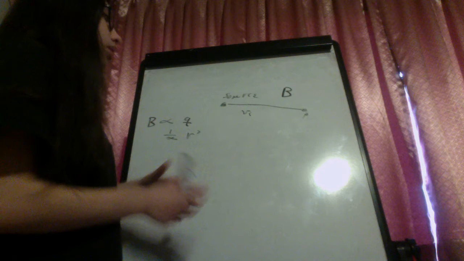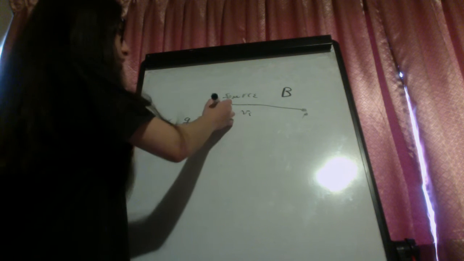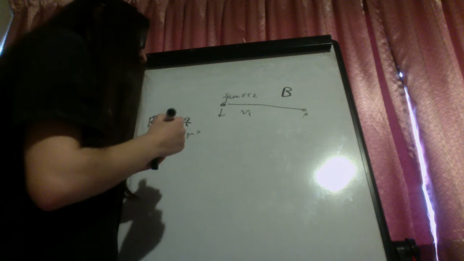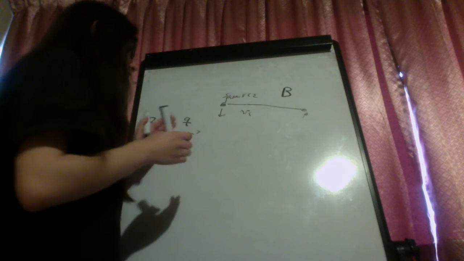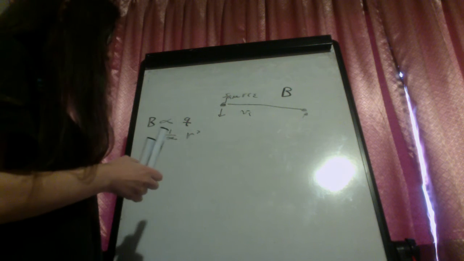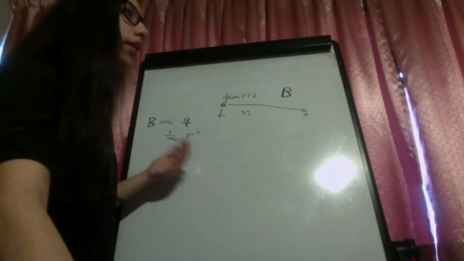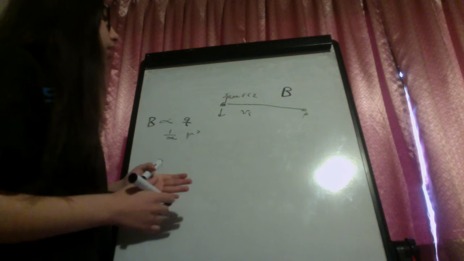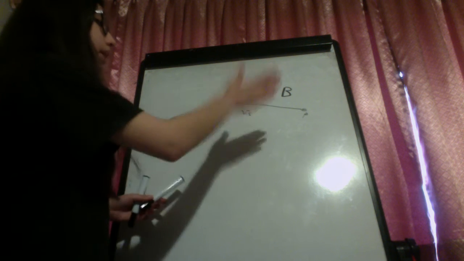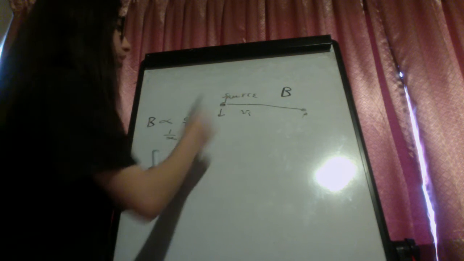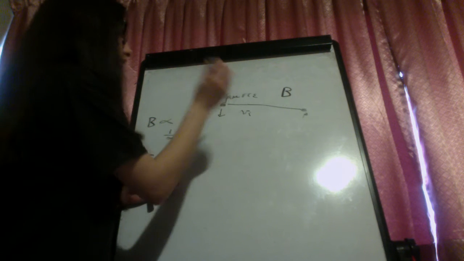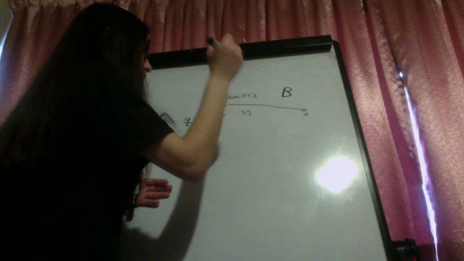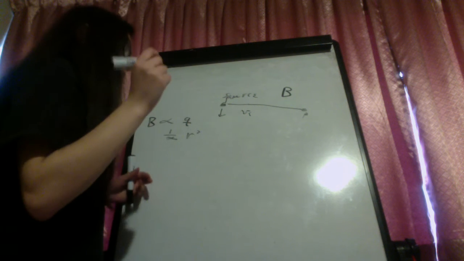The velocity could be in this direction or this direction or wherever. But the distance at which the magnetic field is inversely proportional to the square of that distance is perpendicular to this plane. So it would be in this direction, because this is the normal to the plane.